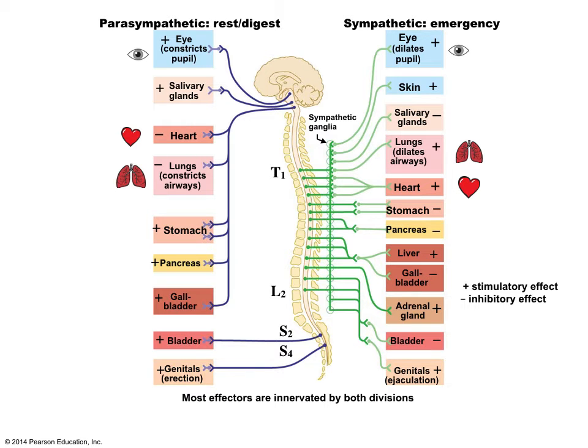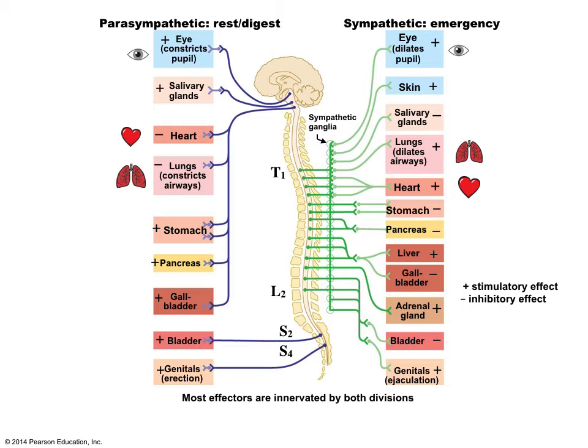In this slide, there's a comparison between the effects of both divisions. Parasympathetic is rest and digest. Sympathetic is the emergency mode. You will note that most effectors get innervation from both divisions. Let's look at the heart.